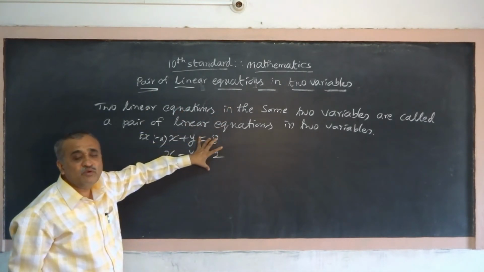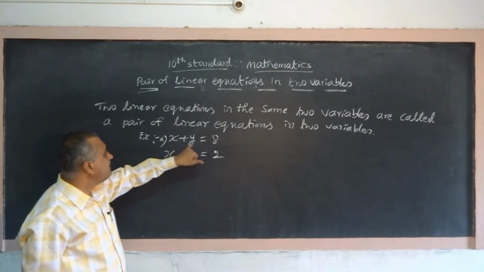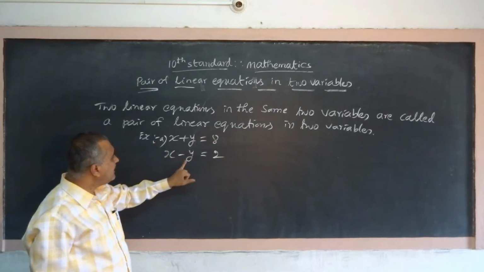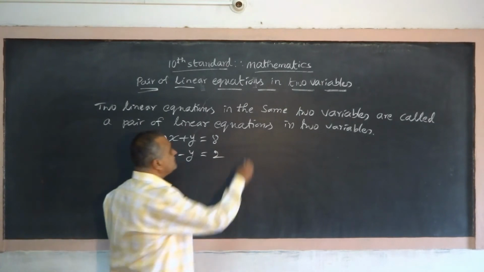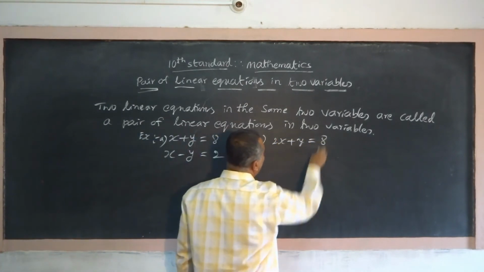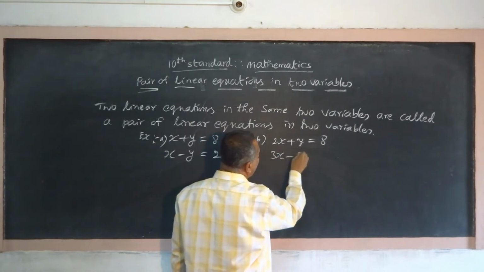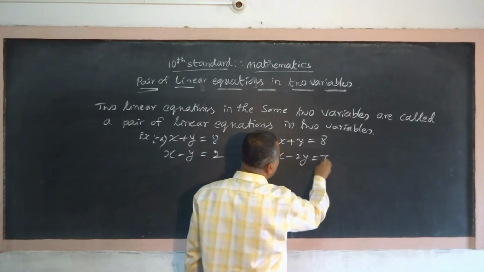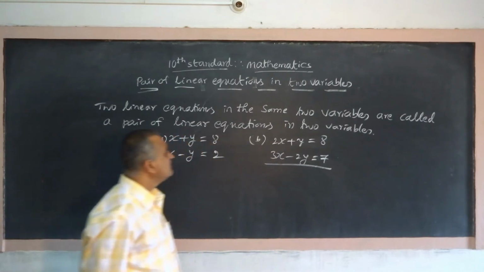We say this is one pair of linear equations: x plus y equals 8, x minus y equals 2, like this. Or 2x plus y equals 8, 3x minus 2y equals 7, like this.